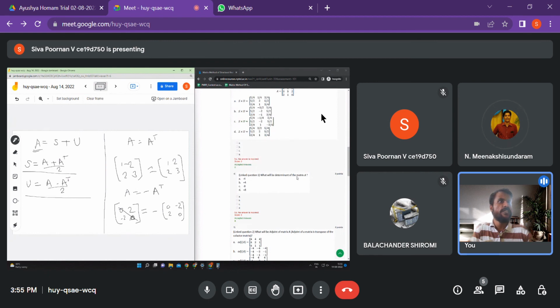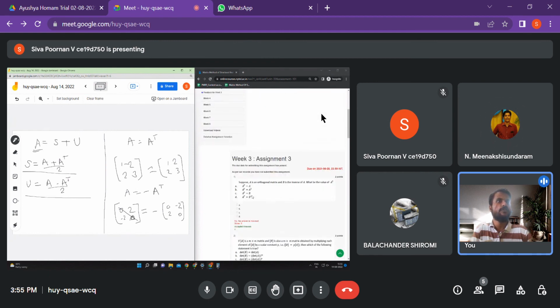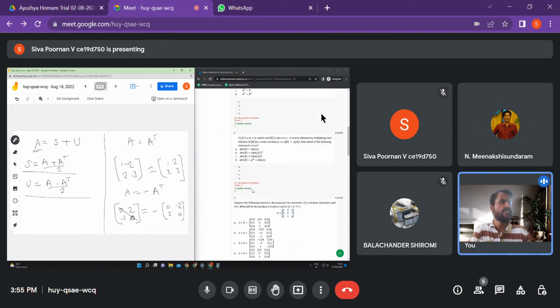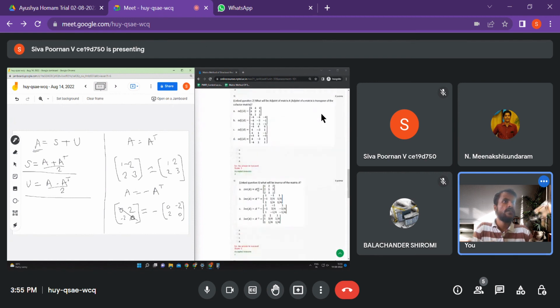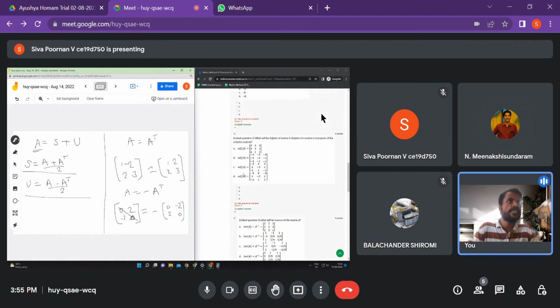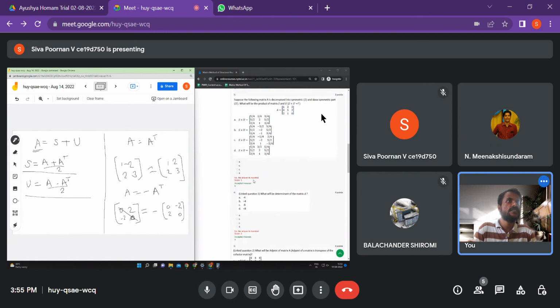Link to question 1. What will be the determinant of matrix A? So we go back to question 1, where we have an orthogonal matrix, and what is the value of the determinant of A? Oh, sorry, I think I skipped a question. Link to question 1. What will be the determinant of matrix A?